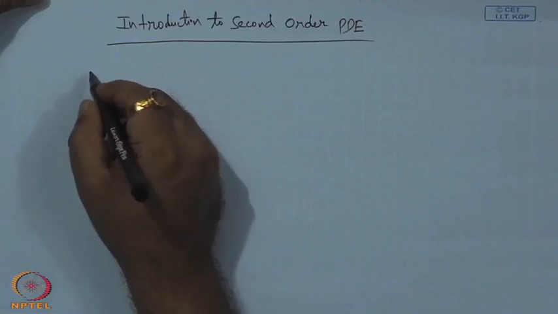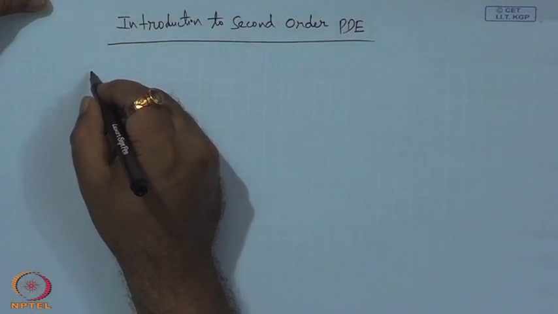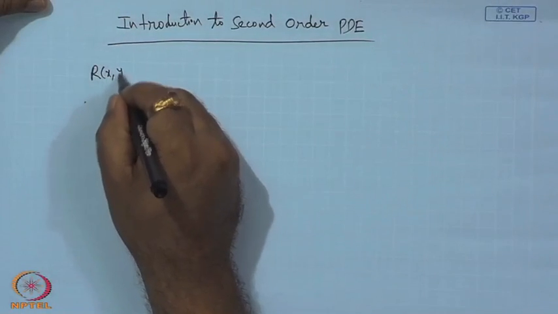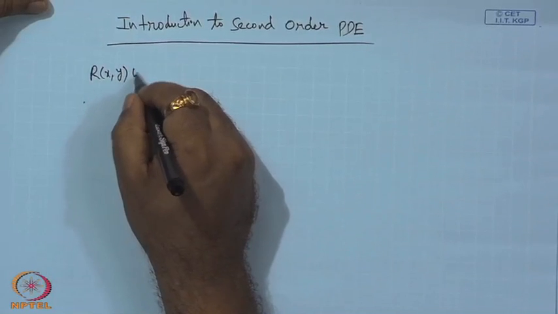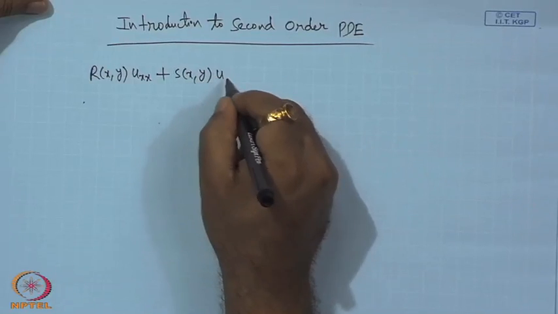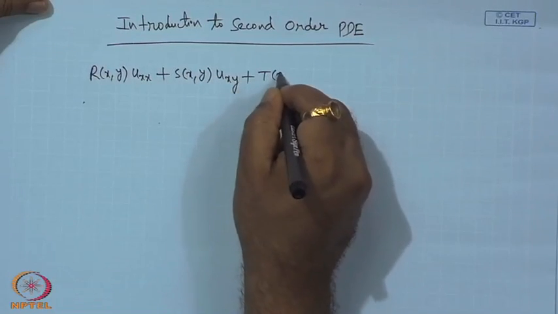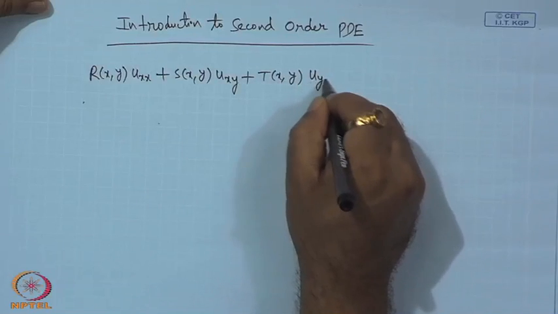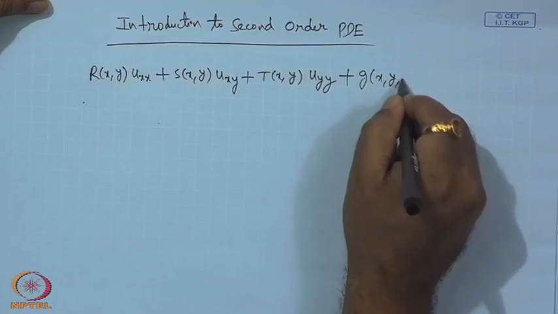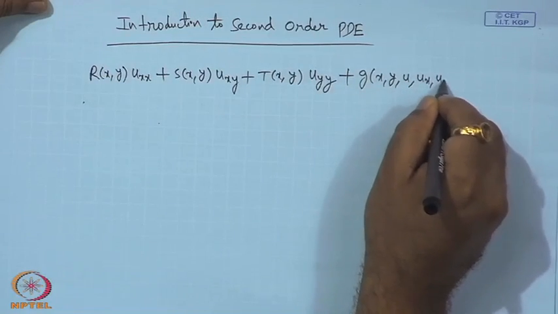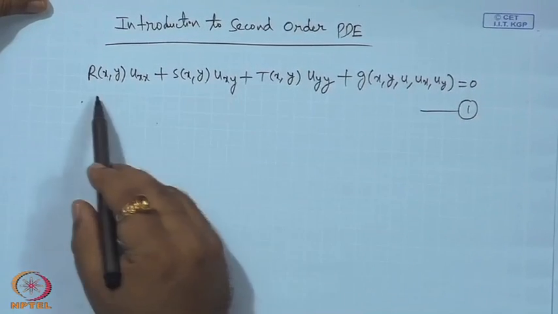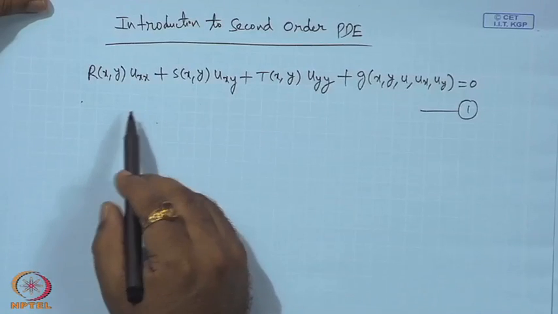More general. So u is our dependent variable and x, y are independent variables.